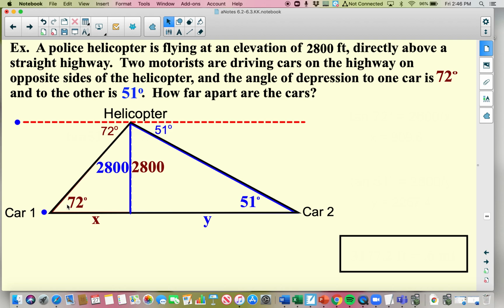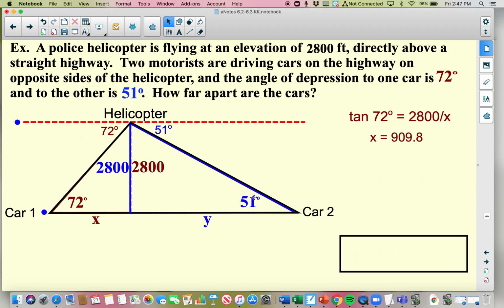I can use the 72 degrees and set up a tangent ratio. Tangent of 72 is opposite 2,800 over X. Make sure you're in degree mode still. I multiply the X over and divide the tangent over, and I got 909.8 feet.